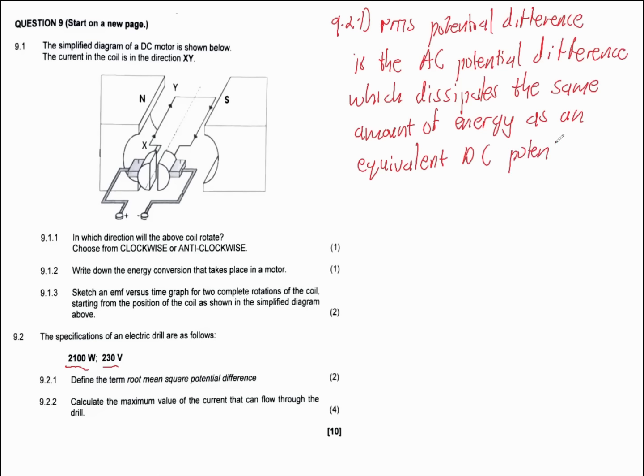You see, I'm manually writing this because this is what I want you to also get used to. With the definitions, do not study them the day before. While you are practicing your questions, when you see those definitions, make a culture of writing them always. When you've written that definition for more than 5 times, there's no way you're going to forget that definition. So RMS potential difference is the AC potential difference, which dissipates the same amount of energy as an equivalent DC potential difference.